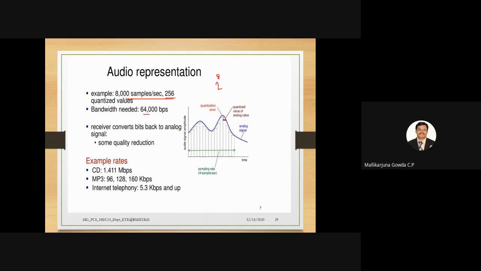So with that, I need a bandwidth of 64 kbps, that is 64,000 bits per second. Per second, I will be able to transmit 64,000 bits. So this is all about the transmitter side. For the receiver side, again, it will do the reverse process.